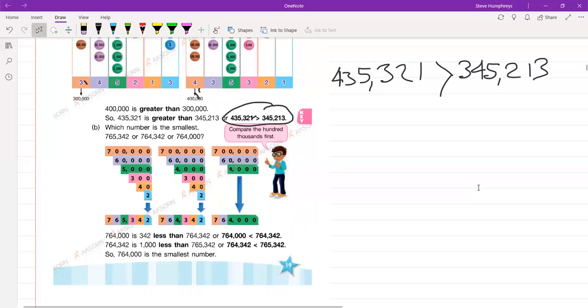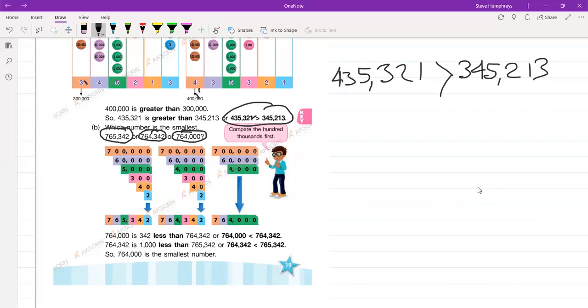Let's look at B. Which number is the smallest? Here we have 3 numbers. 765,342, 764,342, or 764,000. There we are.